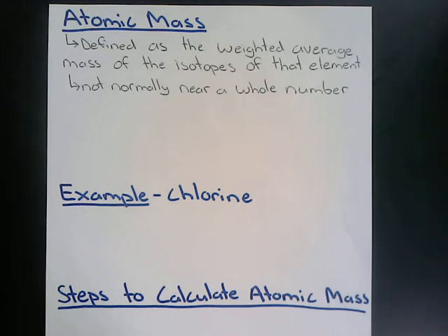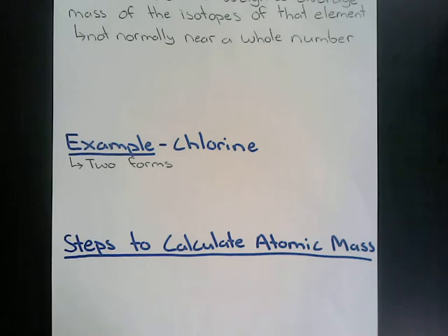So we have an example here, and that is of chlorine. Chlorine naturally exists as a mixture of about 75% chlorine 35 and about 25% chlorine 37. So again, there are two forms of chlorine. The first of those forms is chlorine 35, and there is about 75% abundance for chlorine 35.